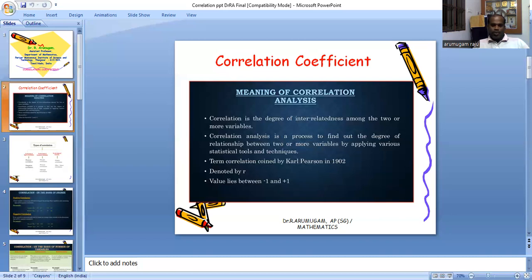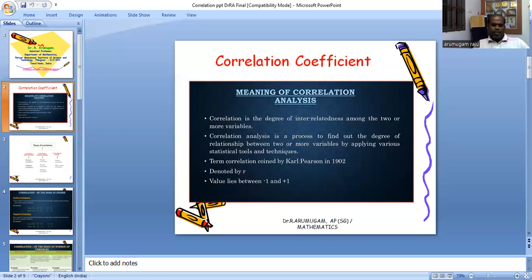Simple correlation means we measure only the relationship between two variables.